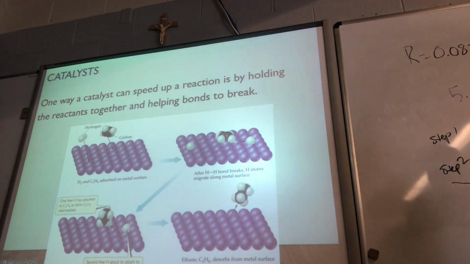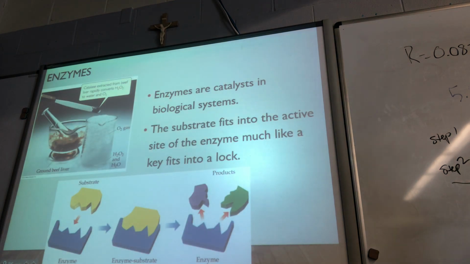That's one thing that catalysts are really good at. The most famous kind of catalyst that you've seen before is, of course, the enzyme. And enzymes do exactly this. They provide a location for things to bind and break, or for things to break apart and then come together.